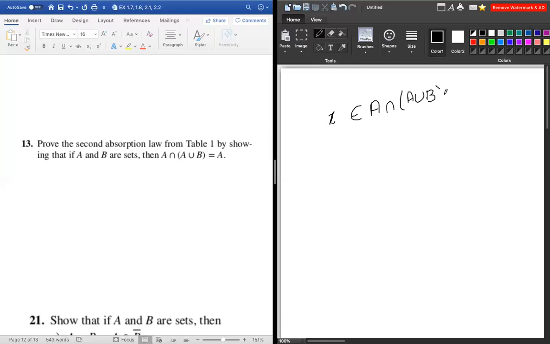So we assume that X belongs to this domain, right? Whatever the elements of this set are, X is one of the members in this set. Then we know that X belongs to A, and because it's an intersection, X belongs to A and X belongs to A union B.